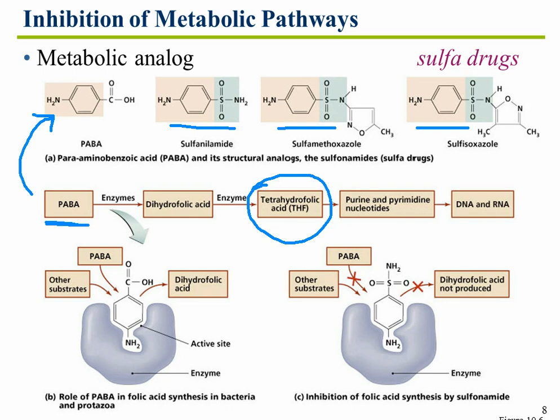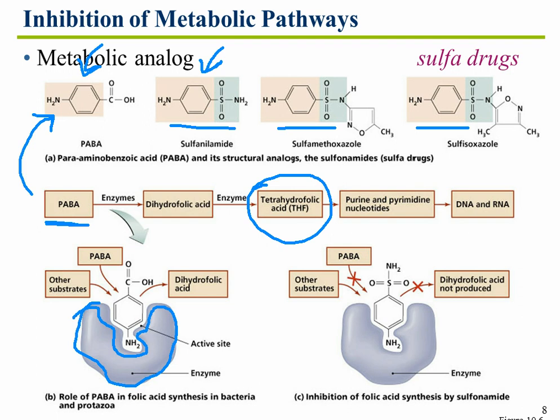They are not natural. Let's take sulfanilamide. Look at sulfanilamide and look at PABA. In fact, look at any of them and you'll notice that they have a core structure that is similar. So, if you look over here at this big blue guy down here at the bottom, here is an enzyme.